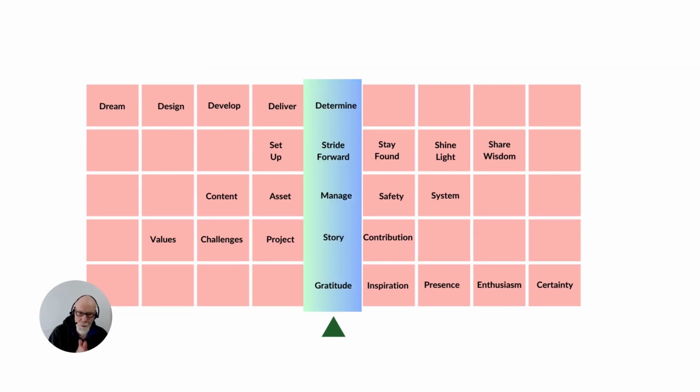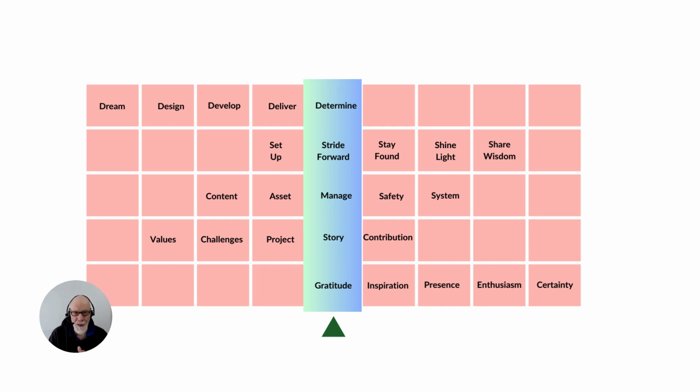Here is one outtake of the connection of these pillars. In a sense, what you've done is you slid a row along so that you're lining up in the middle. And in this case, you would say, okay, I'm at a point where I want to determine, is everything effective and efficient so that I can continue to stride forward, or do I have to slow down, or what might have to happen?